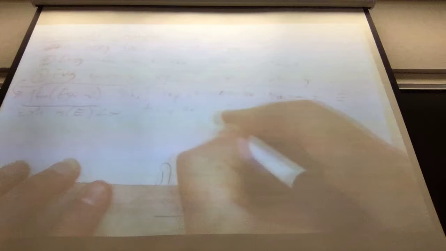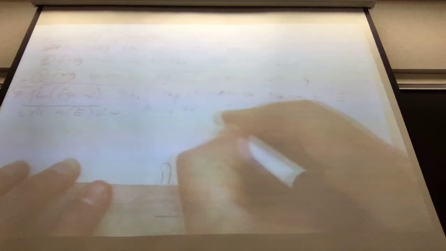For fixed n, what's the difference between E_{n,k} versus E_{n,k+1}? E_{n,k+1} only starts this restriction at k+1 and not at k. So this is less restrictive, so this is contained in this. So we have an increasing sequence of these E's.